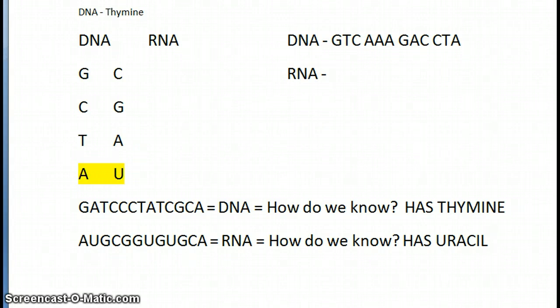Well, this G is going to become a C. This T is going to become an A. C to G. This C will then become a G. This A will become a T. No, your RNA doesn't have a T, so this A becomes a U. Then G here becomes a C. A bonds with U, and C bonds with G.